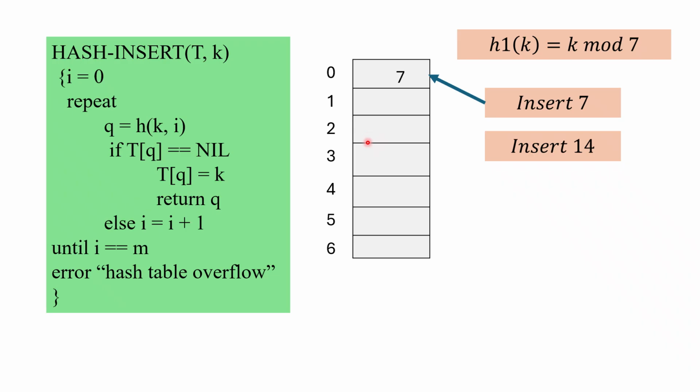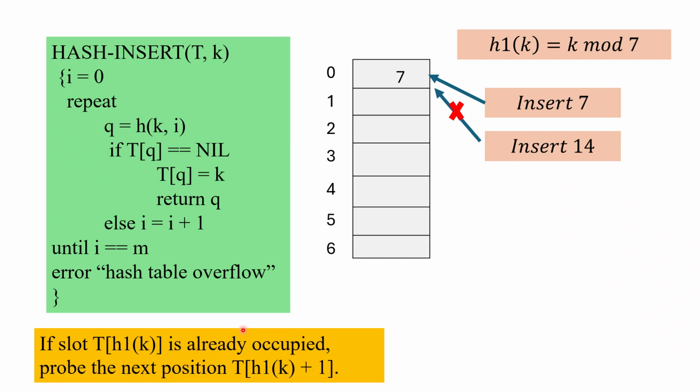Now let's try to insert 14. What is 14 modulus 7? That is also 0. But here we cannot insert because it is already occupied. So what happens in this case? If h1(k) is occupied, we probe the next position. We have not written any explicit function for h2(k).